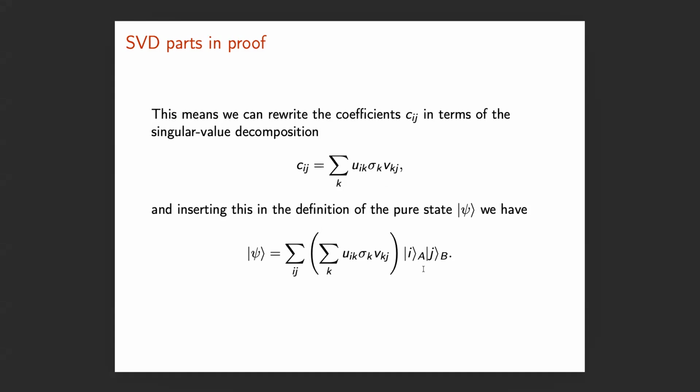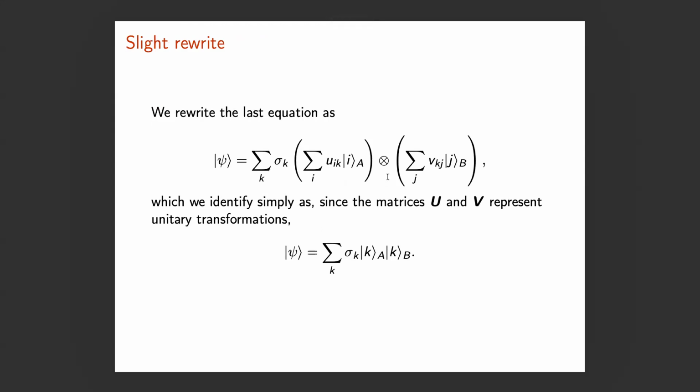When you insert that, you can rewrite it in terms of one basis, which is now the basis K, for system A, and the basis K for system B. Since the matrices U and V represent unitary transformations, you can represent it in this compact way here, which is what we wanted to show. This is normally known as the Schmidt decomposition.